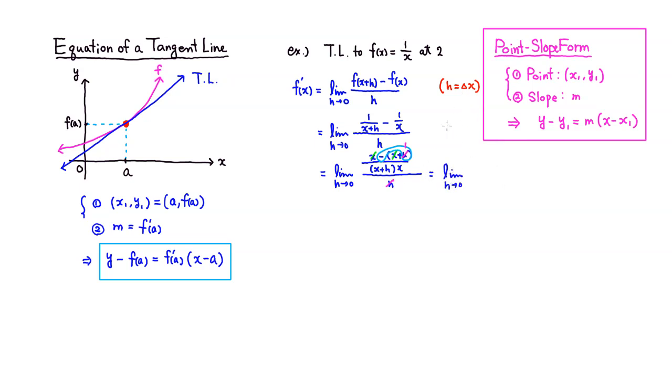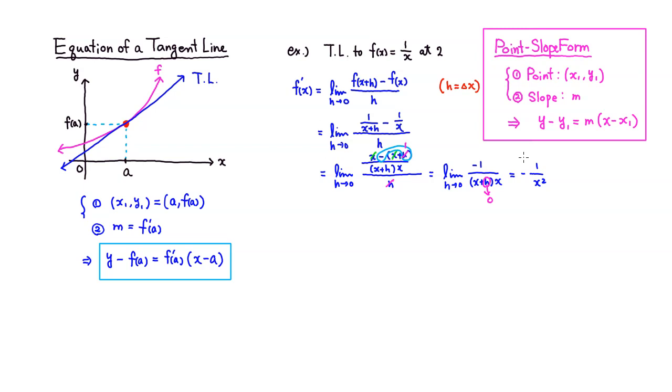The h is gone, so what's left is negative 1 on top, and the quantity x plus h times x on the bottom. Now h is going to 0, so that term basically disappears. What's left is a negative sign in front, 1 in the numerator, and x times x, which is x squared, in the denominator. So we found that f prime of x is negative 1 over x squared.